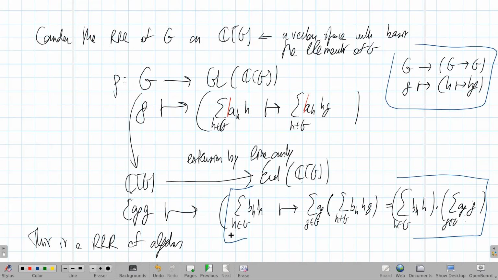Good. So we have found this right regular representation of algebras, multiplying on the right on CG. But we know that this representation, the latter representation, we know this result I already quoted a couple of boards or slides ago.